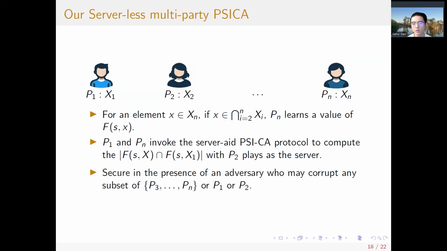Then P1 and Pn can invoke the server aiding PSICA protocol to compute the cardinality of these two sets of PRF values, where P2 can play as a server. As mentioned previously, the server aiding two-party PSICA protocol requires a non-colluding server. So in the multi-party setting, we require that P1, P2, and Pn are not colluding as well.